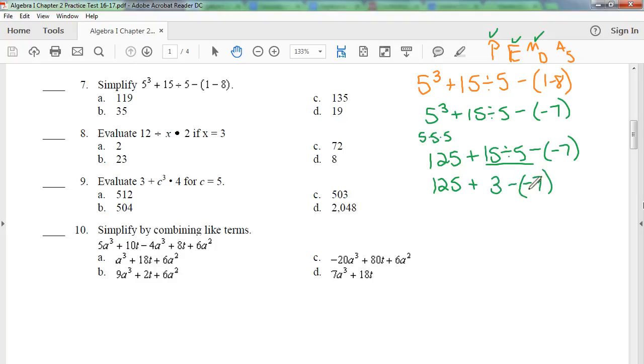And the next one that shows up is actually this minus -7. It sort of is masquerading as a subtraction problem, but this is multiplication because this means -1 times -7, which is plus 7 then. And then we can add one at a time, 128 plus 7, and that gives us 135. So our answer for 7 is C.